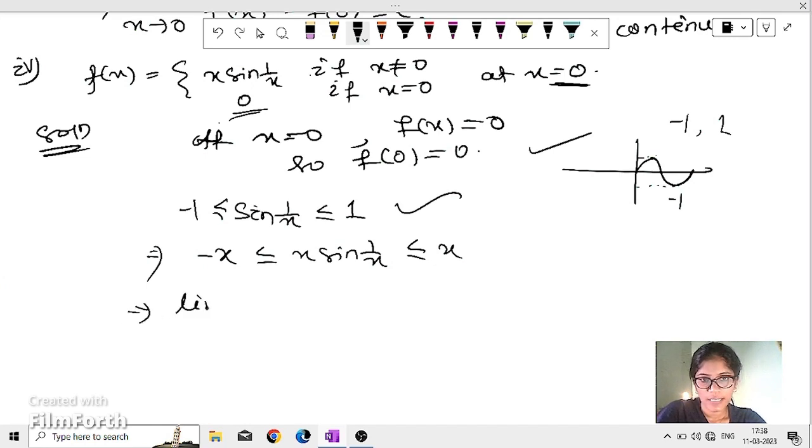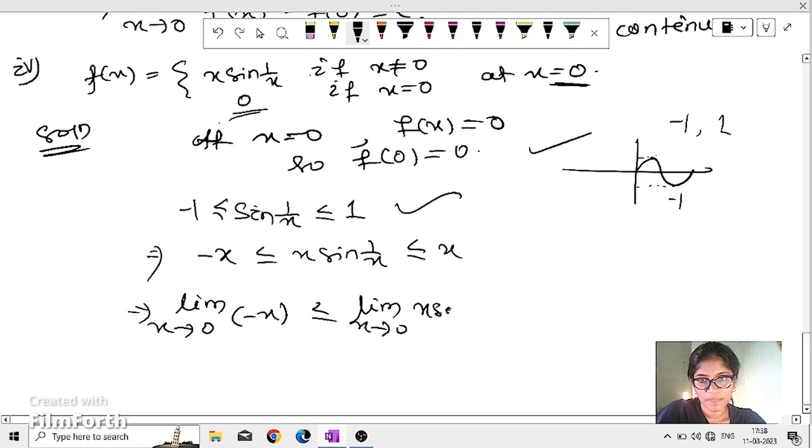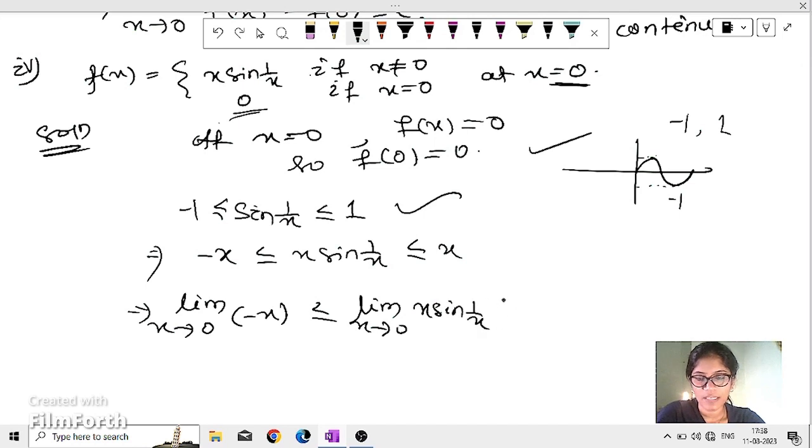Now limit x tends to 0 of minus x is less than or equal to limit x tends to 0 x sin 1 by x, which is less than or equal to limit x tends to 0 x.